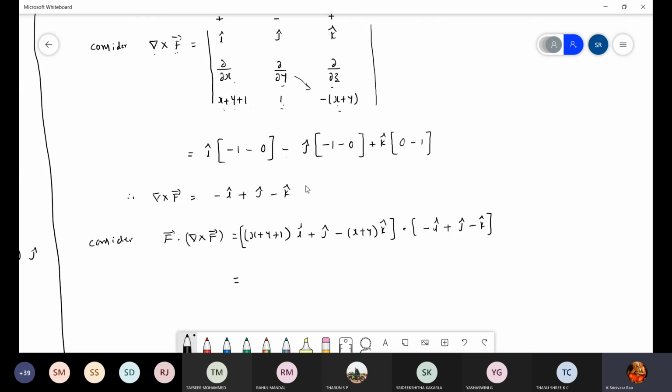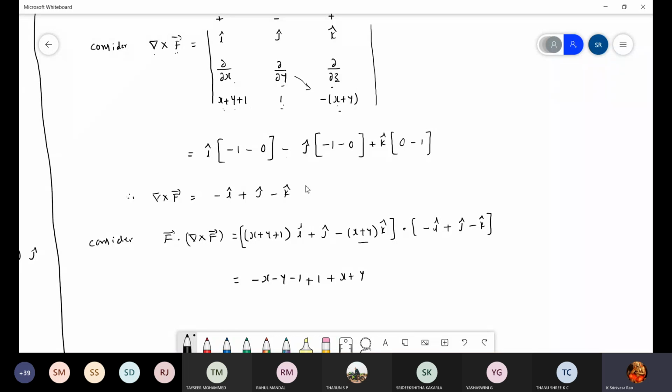Here the coefficient of i is x plus y plus 1, and if I multiply, you will get minus x minus y minus 1. Is it right? And j dot j is 1, so this is plus 1. And this is minus into minus, plus: you get x plus y into 1, which is x plus y.